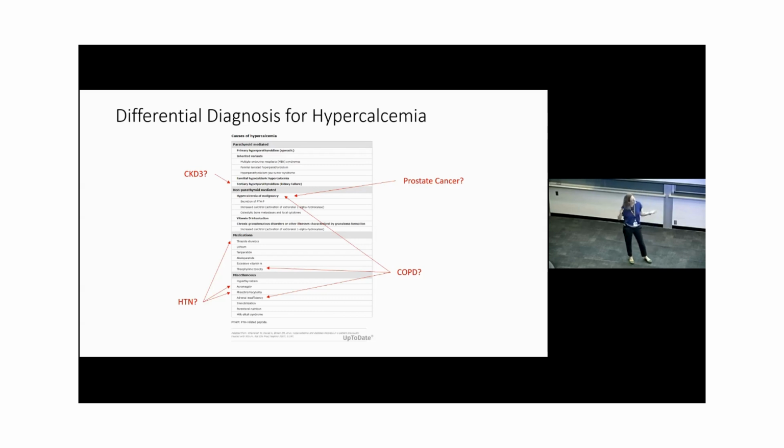And now we've added diabetes to the mix, and I can't really think of anything that would contribute to that, unless, again, this person has steroid-induced hyperglycemia, and they've been on and off steroids, and maybe now they have adrenal insufficiency. But again, hypercalcemia related to adrenal insufficiency is also rare.